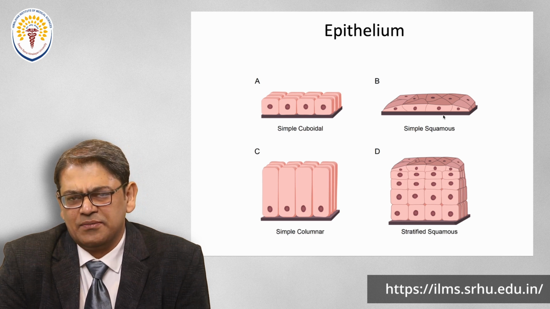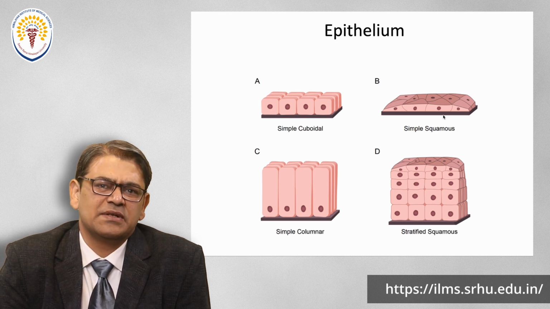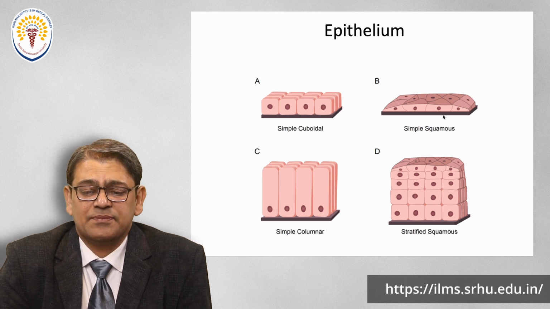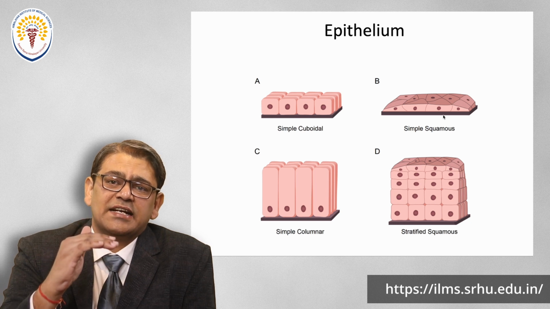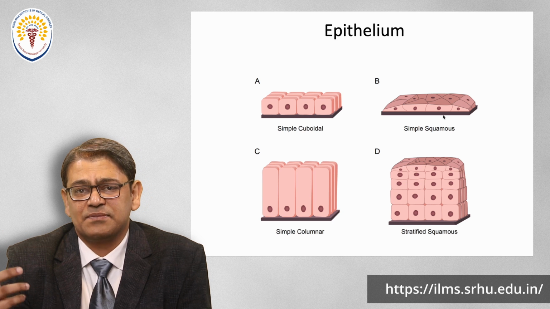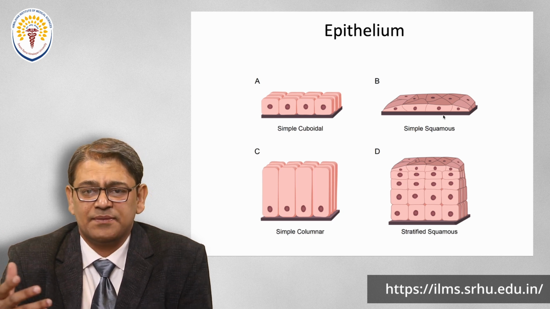A very common epithelium found in many places. For example, in the lung alveoli, you see this type of simple squamous epithelium. This epithelium, being flat, makes it very easy for certain substances to pass through, for example, the gases oxygen and carbon dioxide.